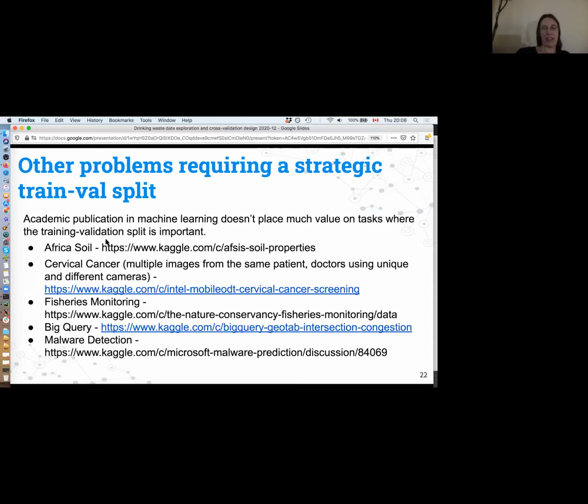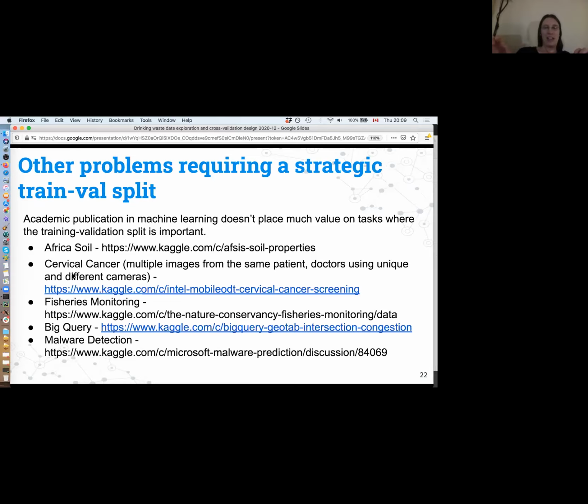And it was usually fairly obvious, doing some data exploration, that there were population clusters, like in the Africa soil competition. The cervical cancer competition is super interesting too, because it was medical imagery, but taken with conventional phone cameras.